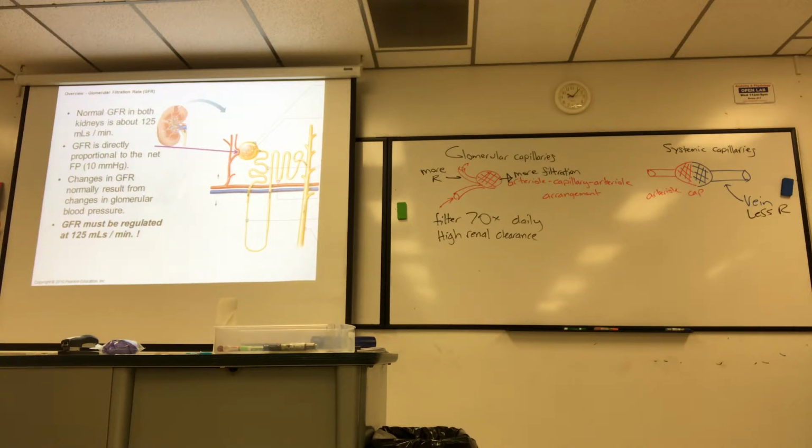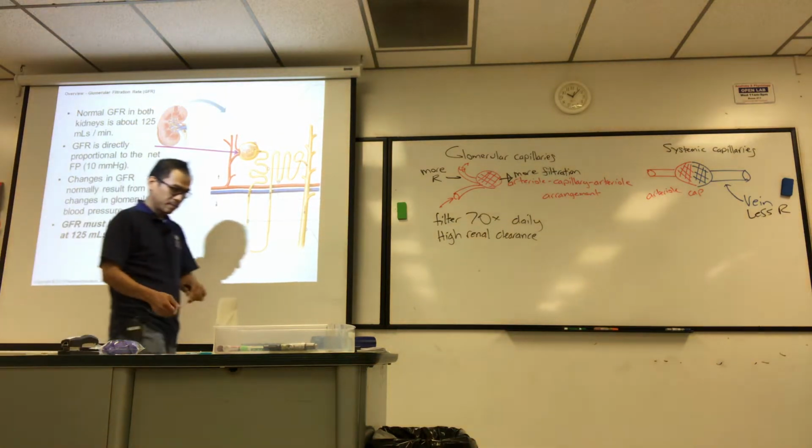So the physiology is to teach students how to maintain that 125 mils per minute. It's directly proportional to the FP or NFP that we just calculated. However, the point of this slide is to emphasize how the kidney regulates that GFR at 125 mils per minute.